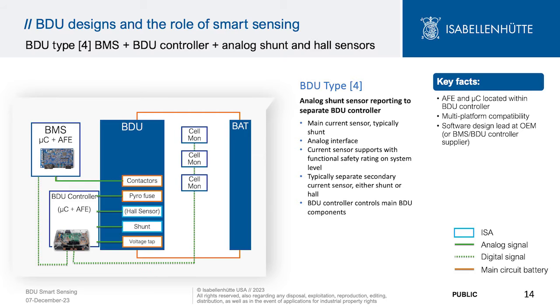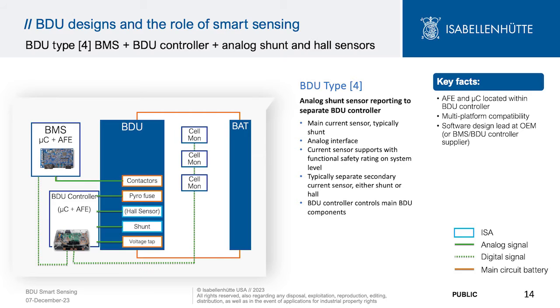So again, the BDU here has only analog signal outputs, but in that case they don't go to the BMS alone, but they go to a dedicated BDU controller that has an analog front end itself and works signals from the shunt sensors or Hall sensors, the fuse, voltage taps, in some cases the contactors, but sometimes they would report directly to the BMS too.